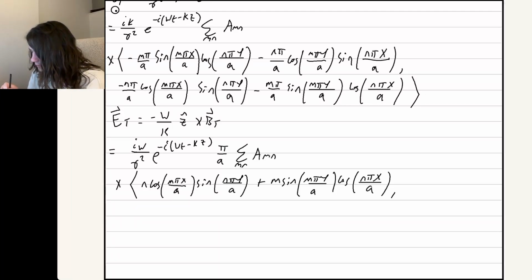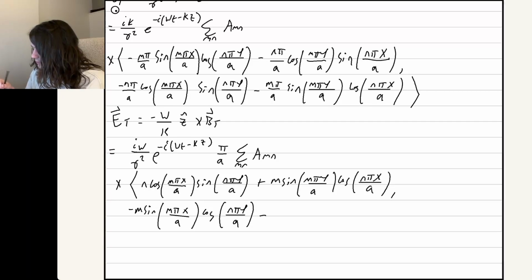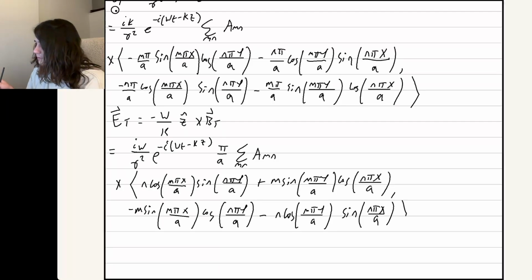So now it's just minus m sine m pi x over a, cosine n pi y over a, minus n cosine m pi y over a, sine n pi x over a. So that's all the fields.